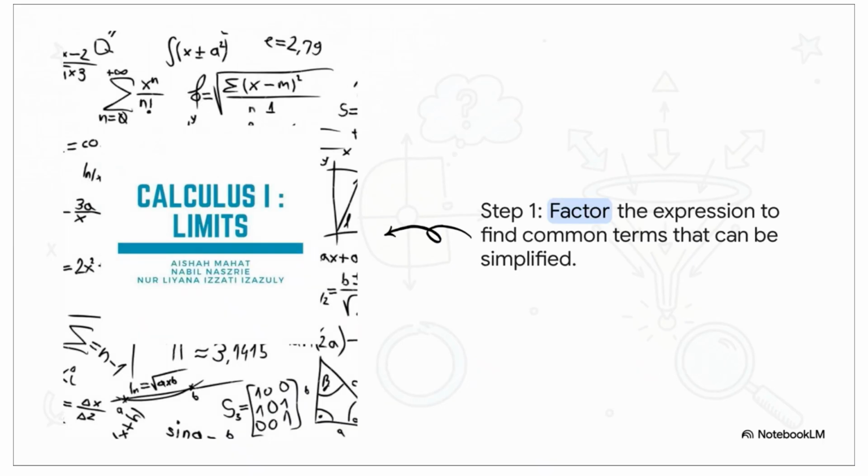We can factor the top part, and look, we get an x minus 2 on top and bottom.